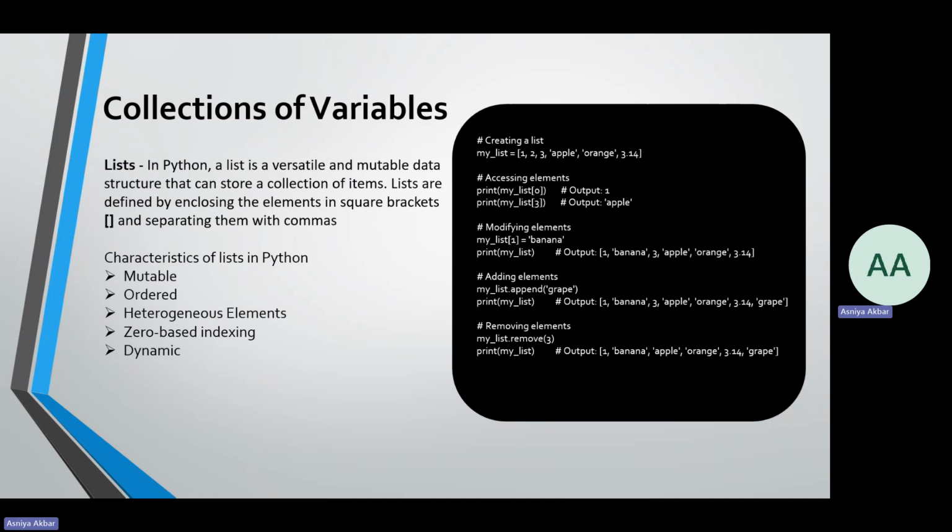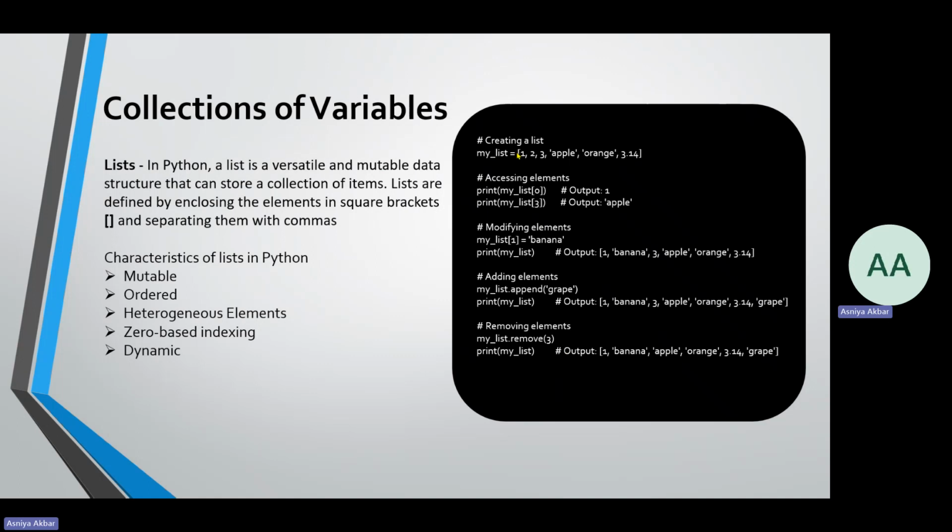Next up, we have a list. Everyone, a list is a built-in data type that represents an ordered collection of items, and each item in a list is identified by an index, and the items can be of different data types. First, let's understand the code given here so you can understand better about a list.